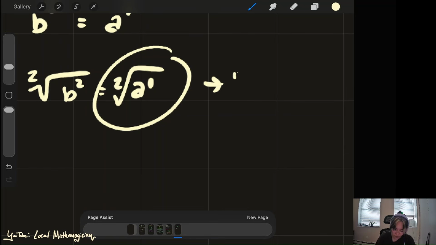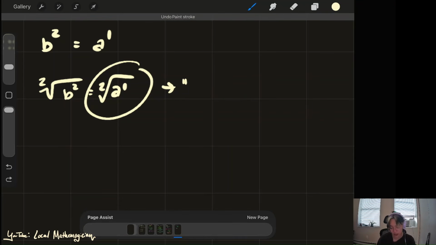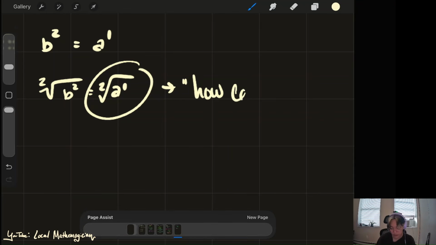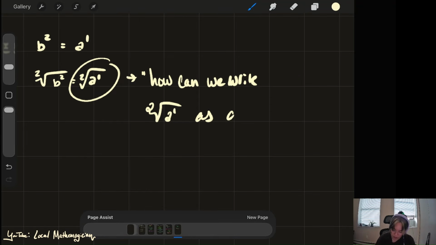But how can we write the square root of a to the first, or just the square root of a, as an exponent?